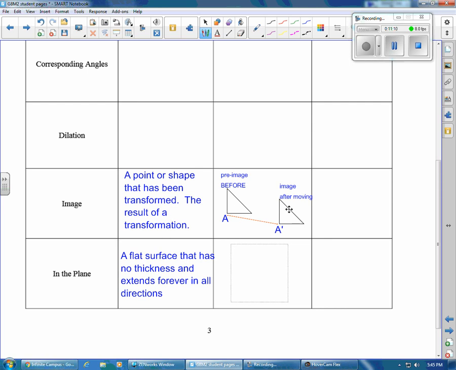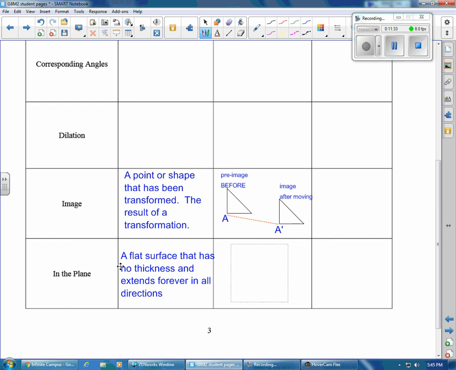And I drew 2 triangles here. And I drew this line between point A here and A prime here. My pre-image is my before. This is where I started. This is where I moved it to. Okay, so my image is what I call it after I've moved it. My pre-image, pre means before, so that's going to be where it was before I moved it.